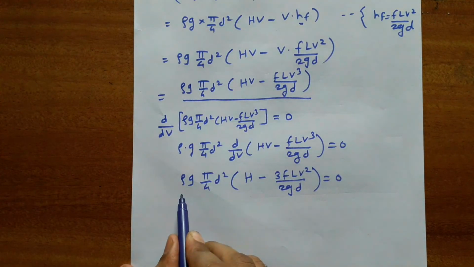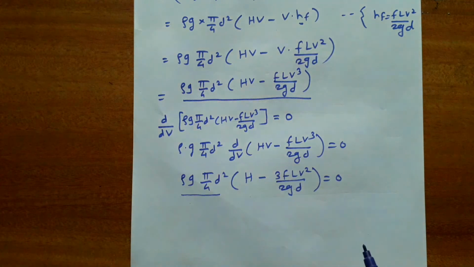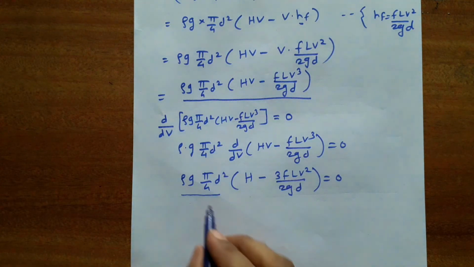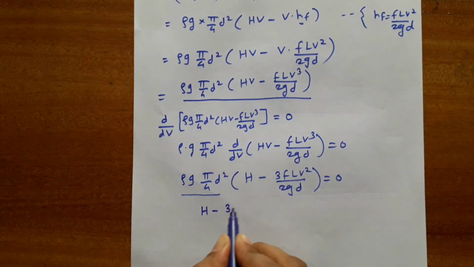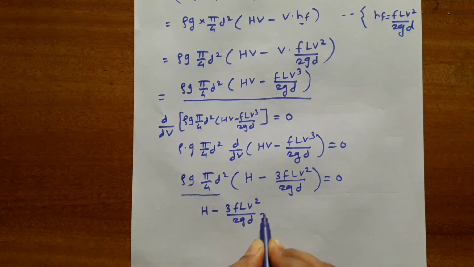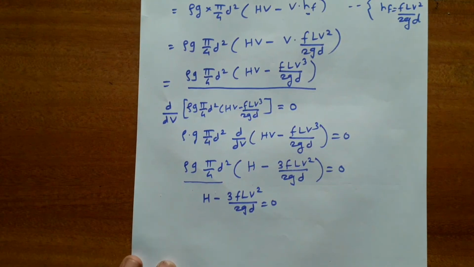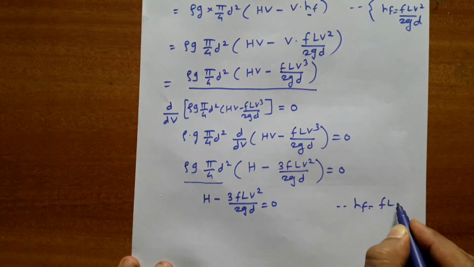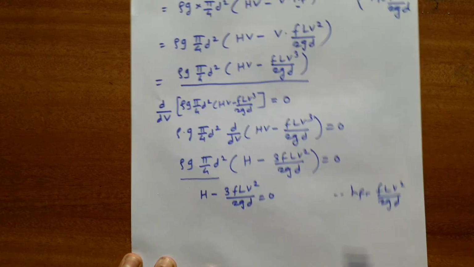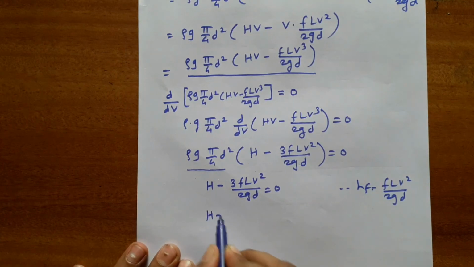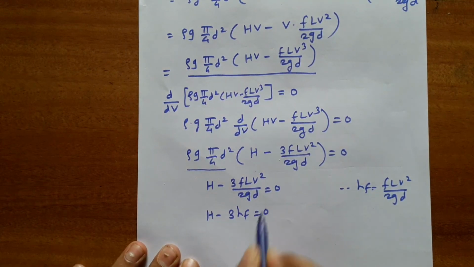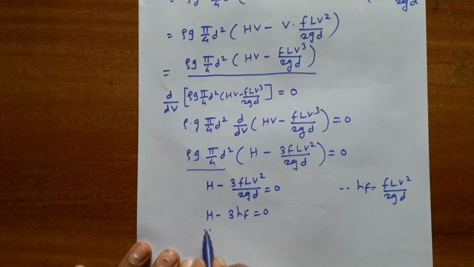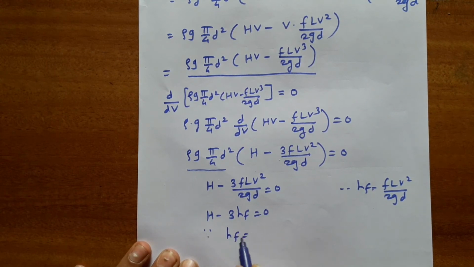Now shift rho G pi by 4 D square to the right side, so it cancels out, and we get H minus 3 FLV square by 2GD equal to 0. But FLV square by 2GD is HF. So H minus 3HF is equal to 0. Therefore HF is equal to H by 3.